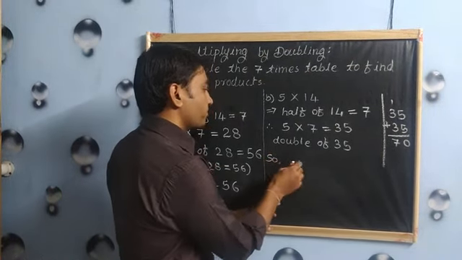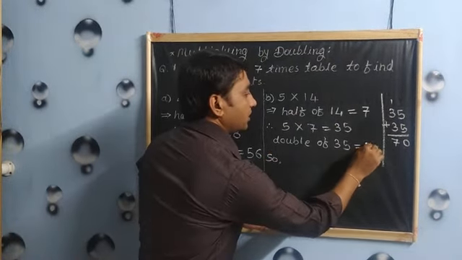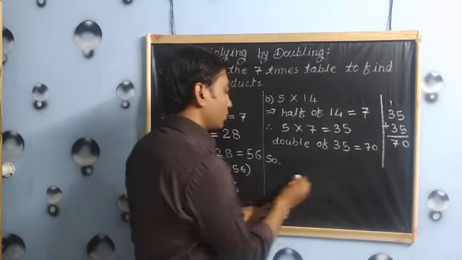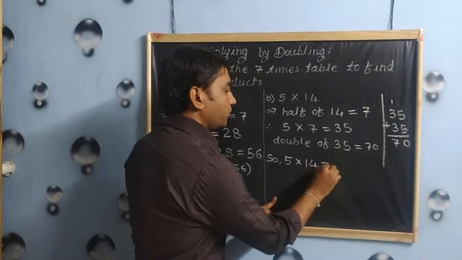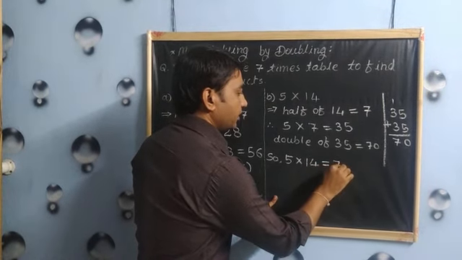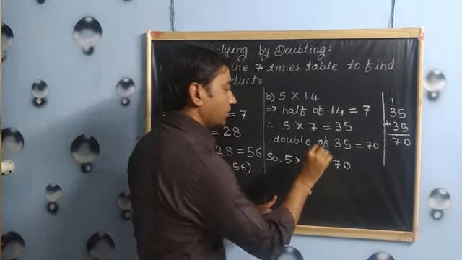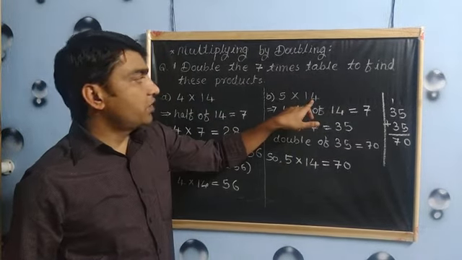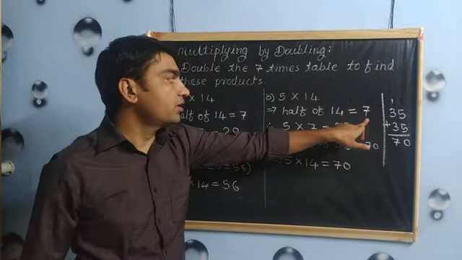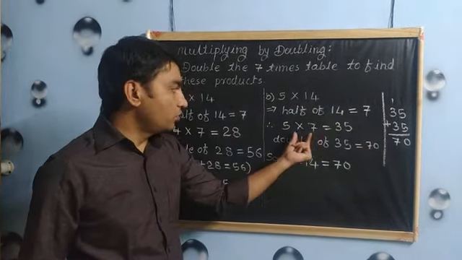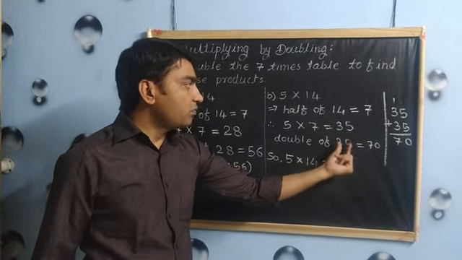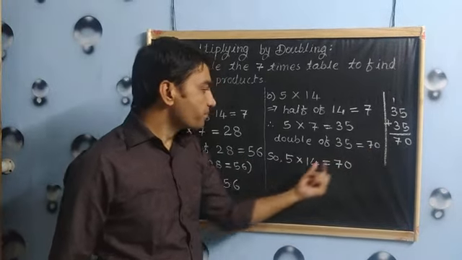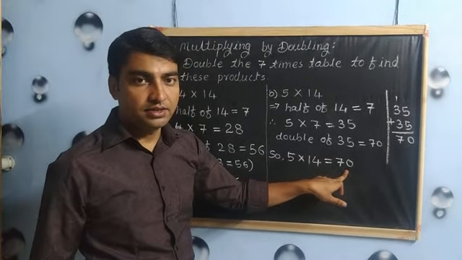So double of 35 is 70. So 5 into 14 equals 70. Remember, first we have to take half of one number and then do the multiplication, and of that multiplication we have to find the double. That will be our final answer.